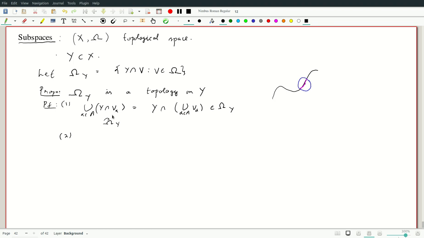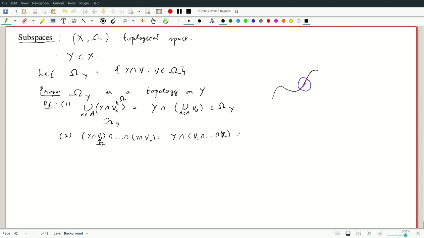And intersection is similar in a sense, but it doesn't involve distributivity. Suppose I took Y intersection V_1, intersection so and so, intersection Y intersection V_n. This is Y intersection these sets, and these are all open sets. Each V here belongs to omega, and similarly each V_i belongs to omega.